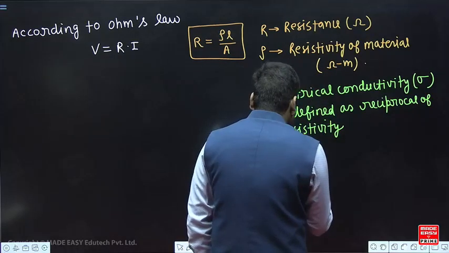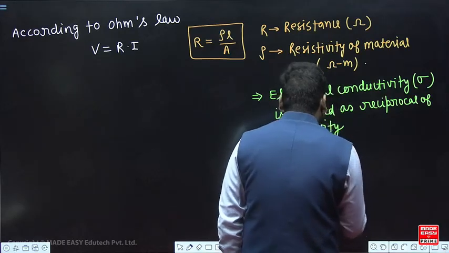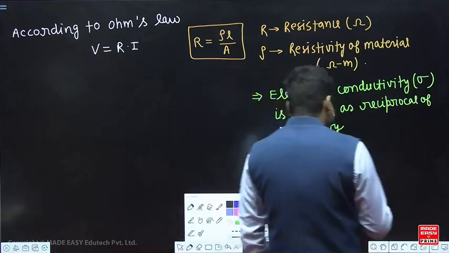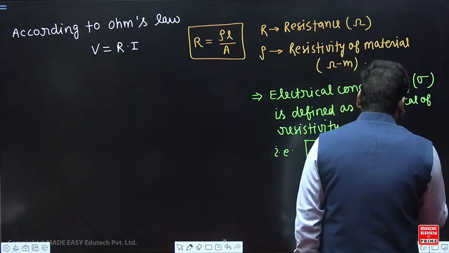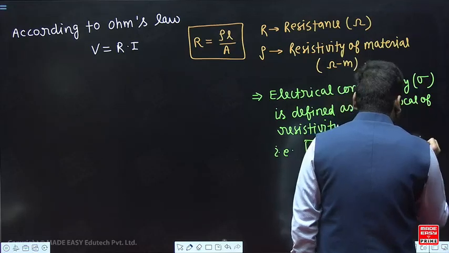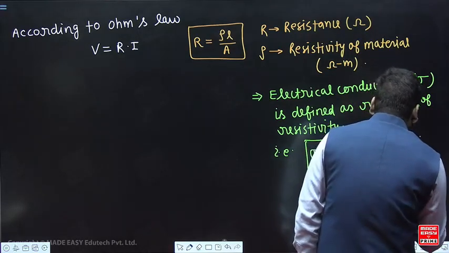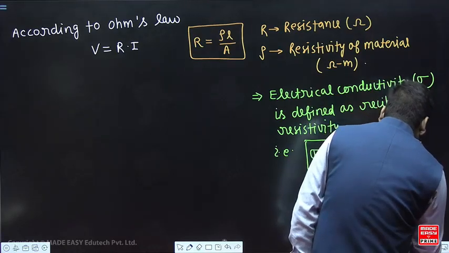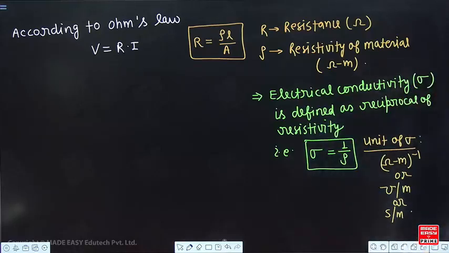It means sigma is equal to 1 upon rho. So unit of sigma क्या हो जाएगा? Unit of sigma is ohm meter inverse या mho per meter, it is known as Siemens per meter, right?